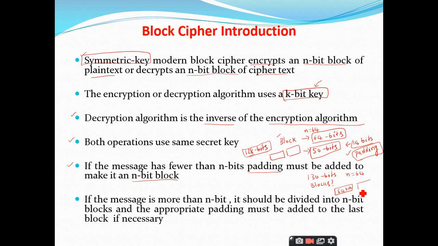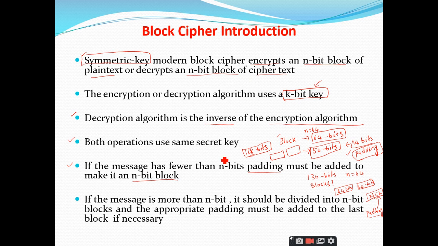The second block consists of how many bits? 64 bits. So 64 plus 64, 128 is completed. We are left with 2 bits. So you should form the third block that consists of 2 actual bits of data. And what is the remaining size? 62, sir. What should you do with these 62 bits? You should fill them with dummy data, which is called padding.